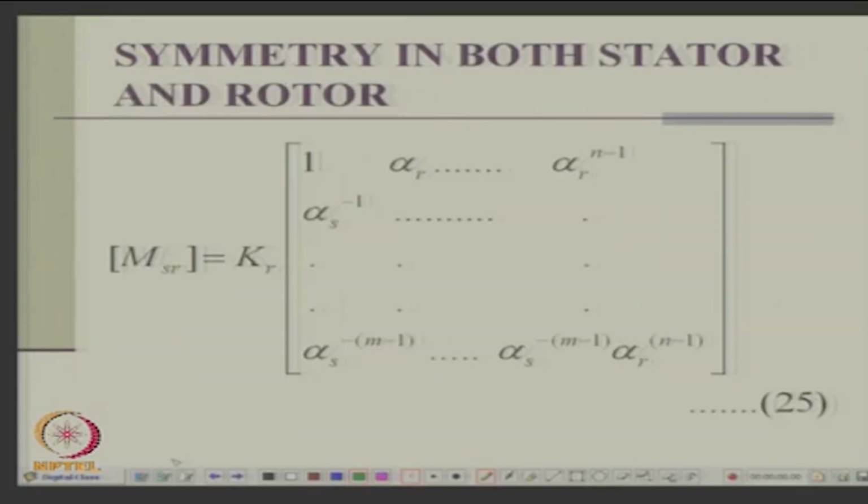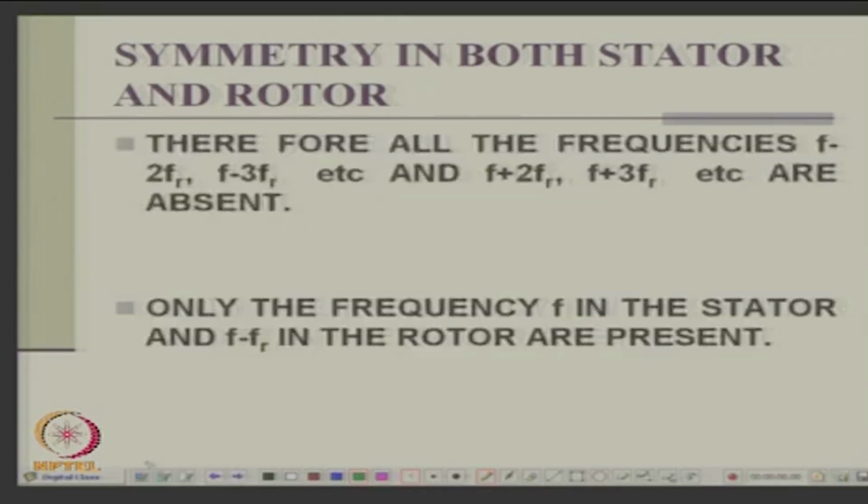Now, if you have symmetry in stator and rotor, then it is much simpler, your MSR becomes a simple matrix. There will be no F minus 2 Fr, F minus 3 Fr or F plus 2 Fr, F plus 3 Fr; they are all not there.